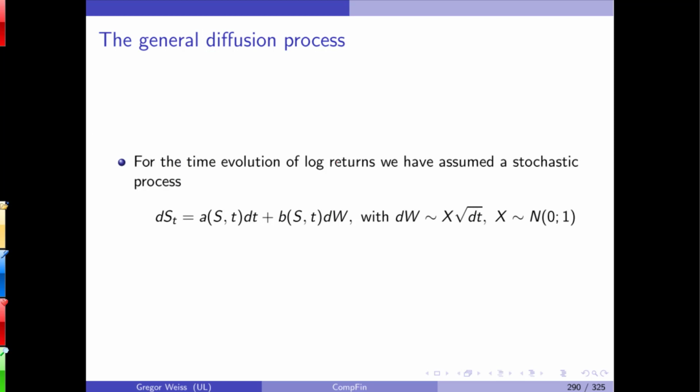Now, we have assumed a stochastic process in the following form: dSt equals a(St,t) dt plus b(St,t) dW.